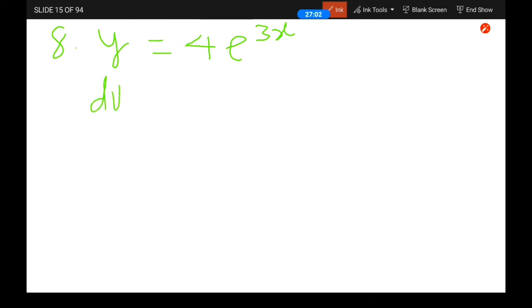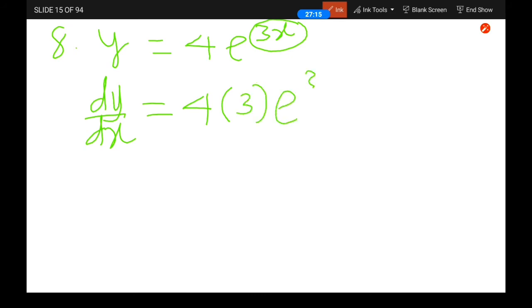So dy dx will now be equal to what? Look at it. You write your 4, it is a constant. Differentiate the top. That will give us what? 3, right? Then we have e. Write it back, 3x. And that gives us what? 12e raised power 3x. And that is it.